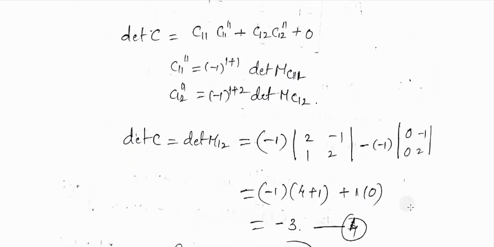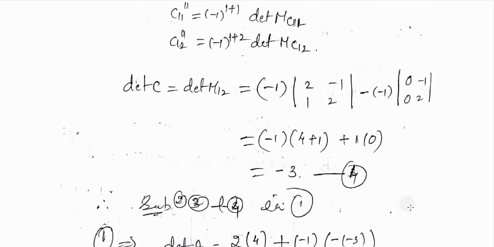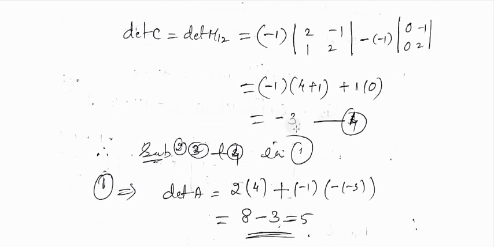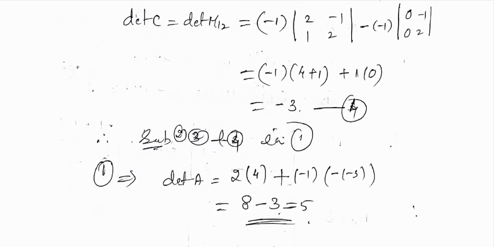Expanding this, we get the value minus 3. Now substituting the values 3 and 4 in formula 1 gives the determinant of A as 5. So strictly we have to follow the cofactor formula to find the determinant.